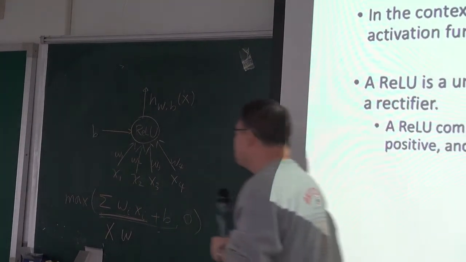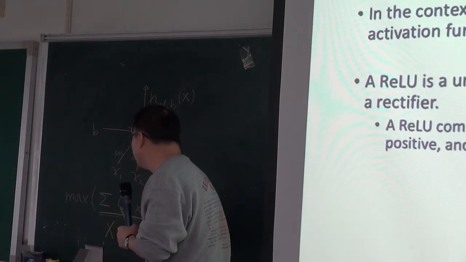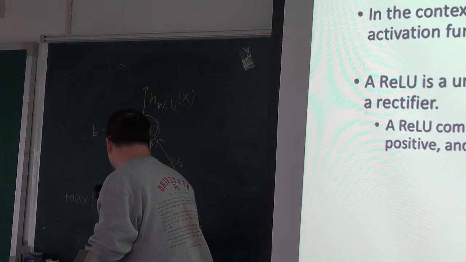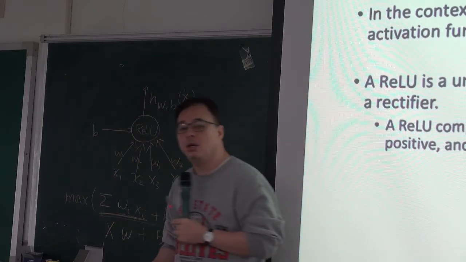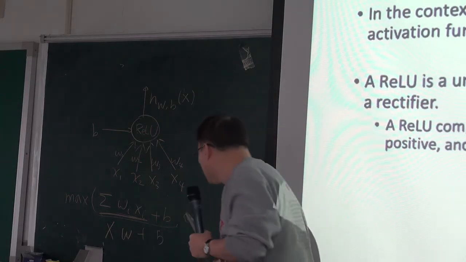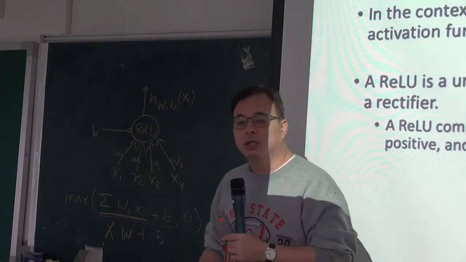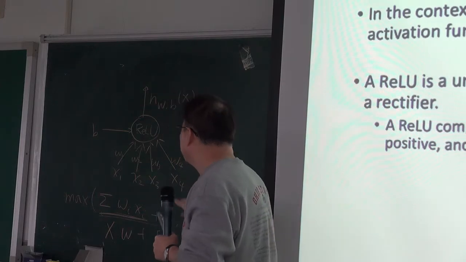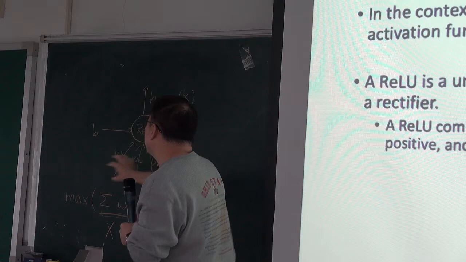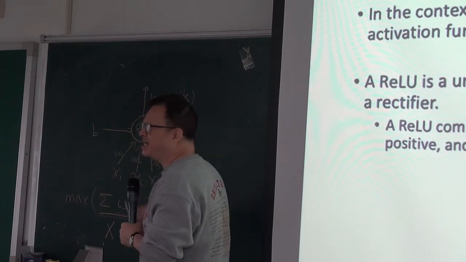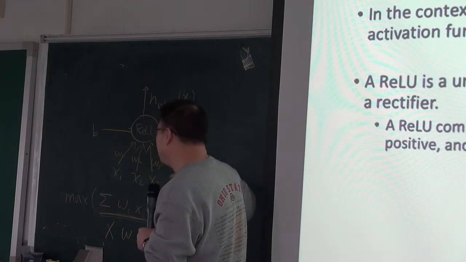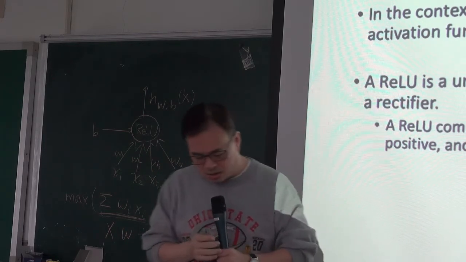I just want to give you an idea, because you are going to get a summation from all the inputs. Of course, not a simple summation, it's a weighted summation from all the inputs.